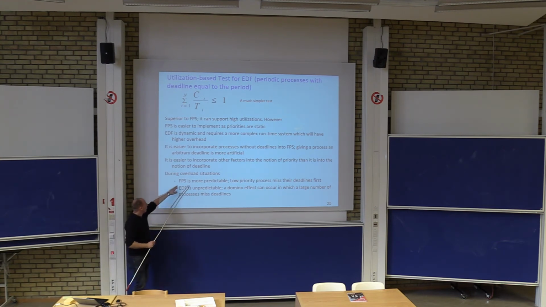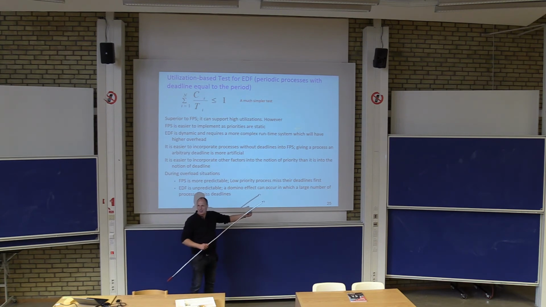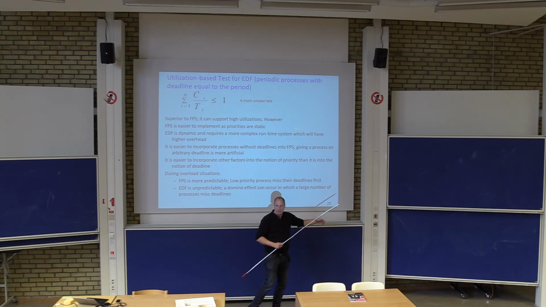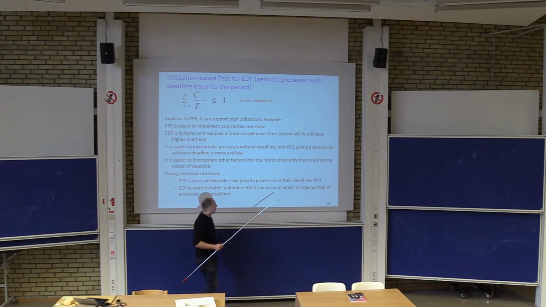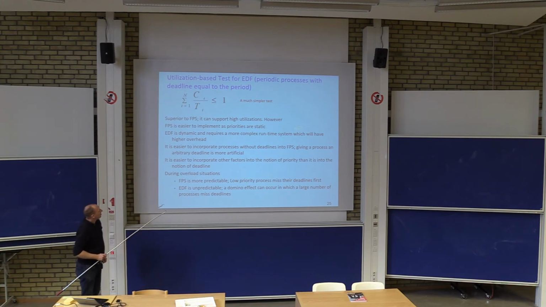But if you have this earliest deadline first strategy and you miss a deadline, then you will miss the deadline for the next task as well. So it will continue on like that. You will have a domino effect of missed deadlines, which is not something you get with the fixed priority scheduling.